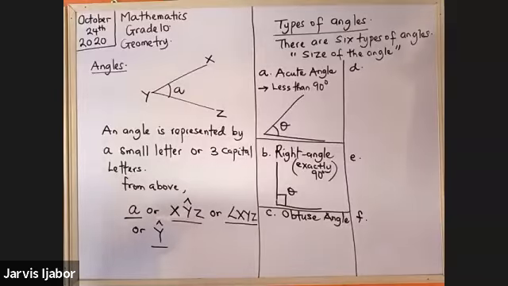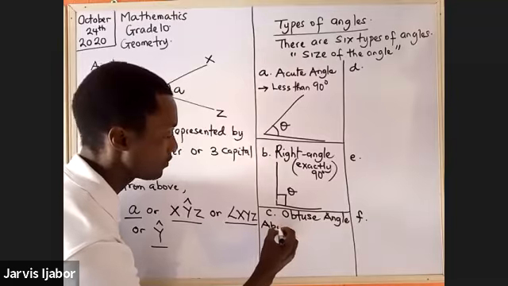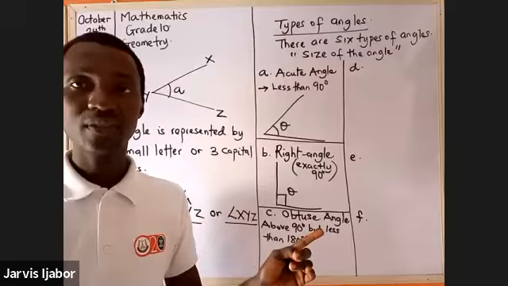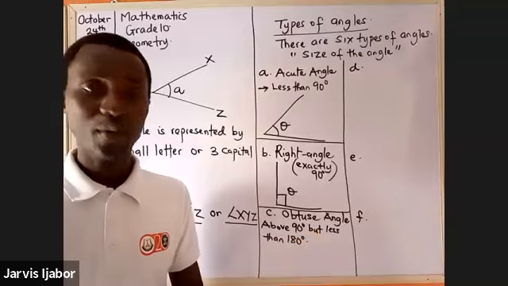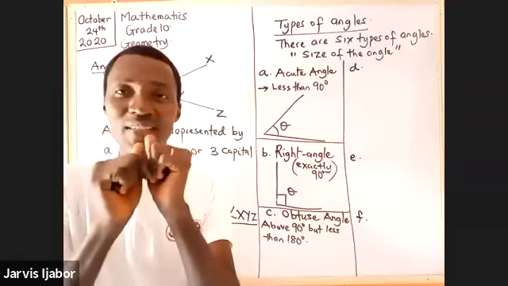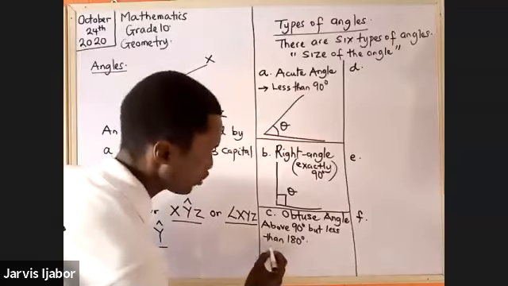Essentially, an obtuse angle is an angle that is above 90 degrees but less than 180 degrees. Acute, we said, is small. What we notice in an obtuse angle is that it tends to stretch out. So it will be something like this.